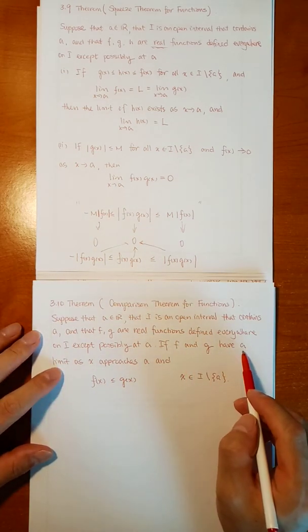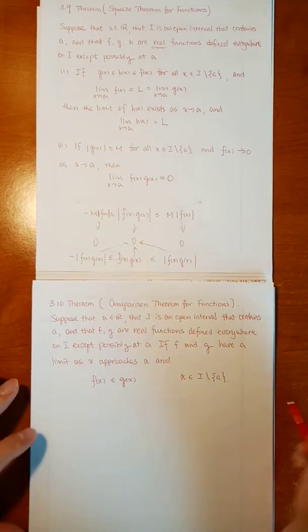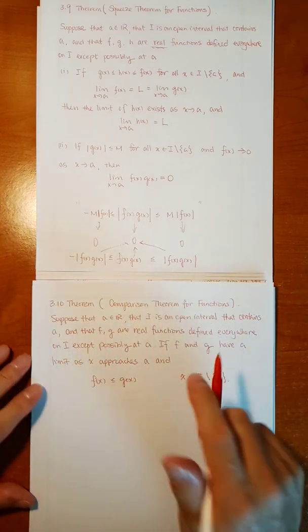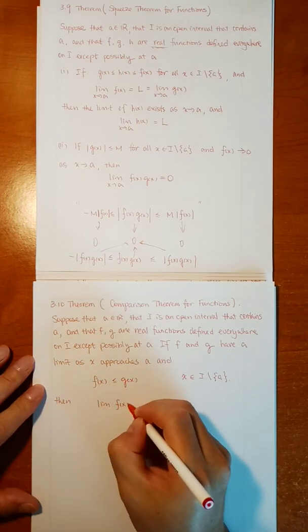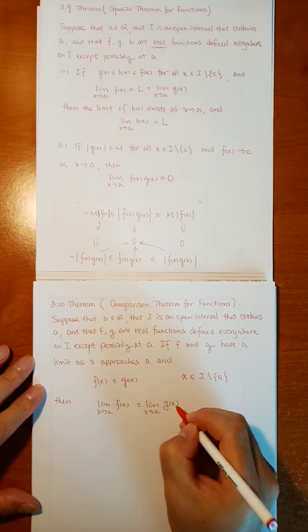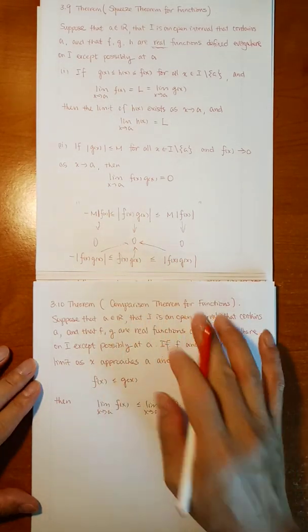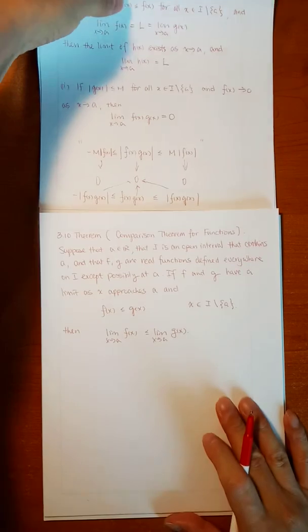Here we don't say they have the same limit. Just both of them have a limit, and they have this relation. You only have two functions, not three functions. So that's why it's weaker. Then the limit of f(x) as x approaches a is less than or equal to the limit of g(x) as x approaches a. It's exactly the same result as the comparison theorem for the limit. So you pass this f(x) to xn, f(xn), you will have the same stuff. Cool.